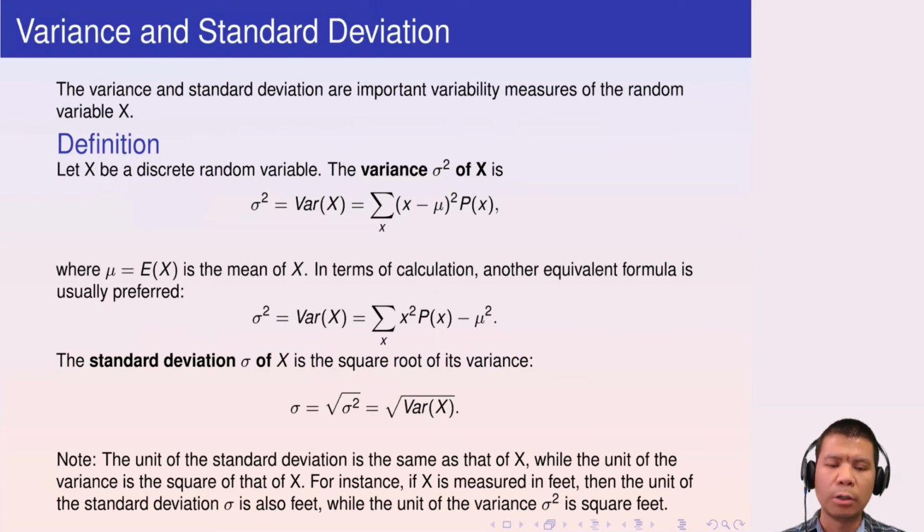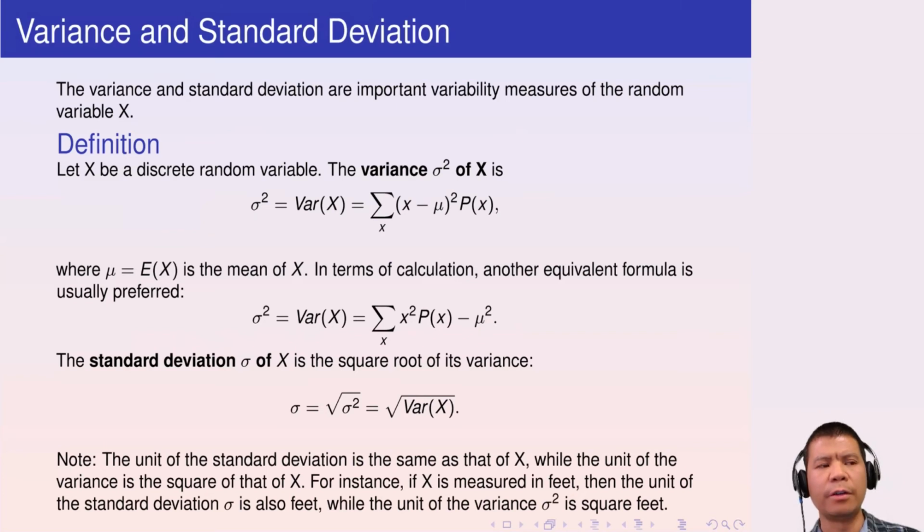But another aspect of the random variable is the variability, how spread out all those values are. One day it is pretty high, the other day it drops, and then increases, drops, and so on. So that's something we have to be careful about.